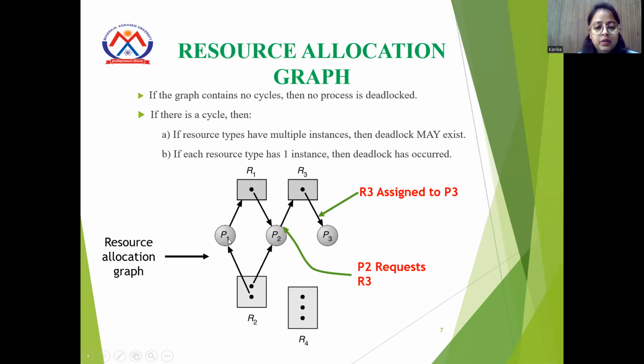Here P1, P2, P3 are the processes, and R1, R2, and R3 are the resources, and the resources have only a single instance. As you can see, P1 is waiting for the R1 resource, and R1 is assigned to P2, and P2 is waiting for the R3 resource for its execution, and R3 is already assigned to P3.